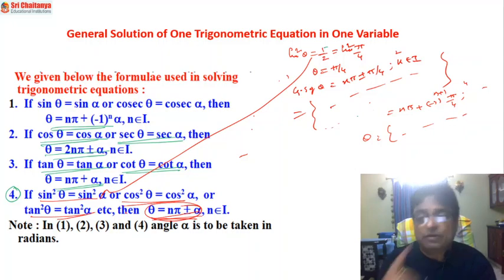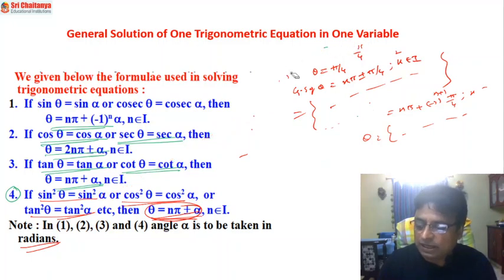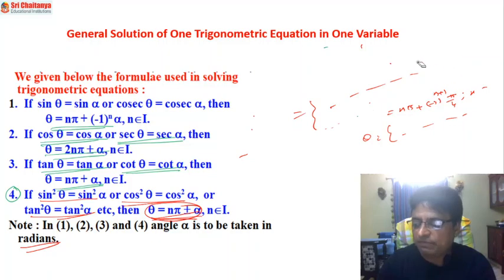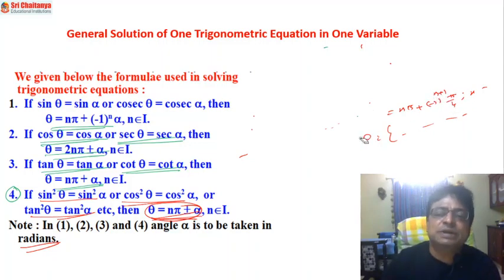And my friend, whenever we are writing the general solution, the principal value alpha or beta, or whatever the name may be, you should take that in radians. Please don't write that in terms of degrees. This is one fundamental rule for expressing the final or general solution on paper, for solving any trigonometric equations, because the majority of students make mistakes in this particular area.